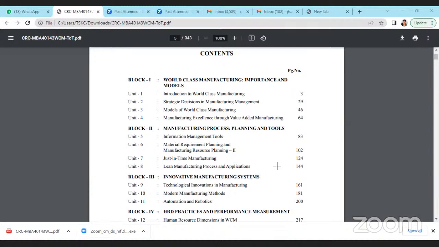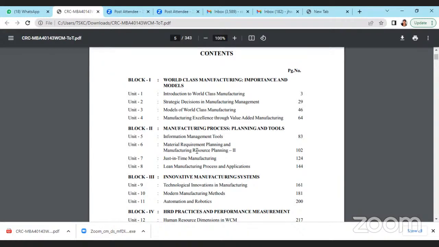And when you look at block 2, we again have 4 units: information management tools, meaning the different tools that are required in manufacturing, material requirement planning and manufacturing resource planning, just-in-time manufacturing, and lean manufacturing process and its application.